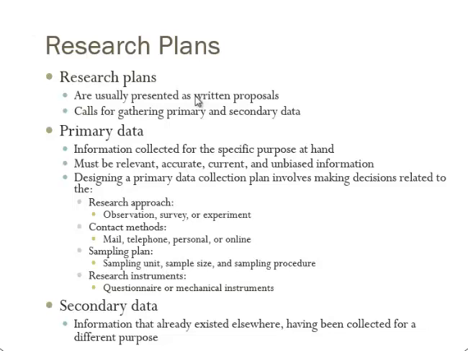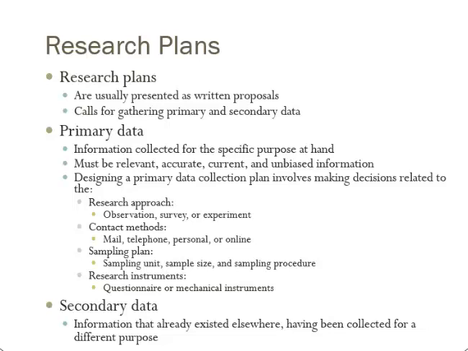Research plans are presented as written proposals and call for gathering primary and secondary data. Primary data is data gotten directly from your research activities. It has to be relevant, accurate, current, and unbiased. If you have a survey, it should be done in a scientific way, calling people at random.